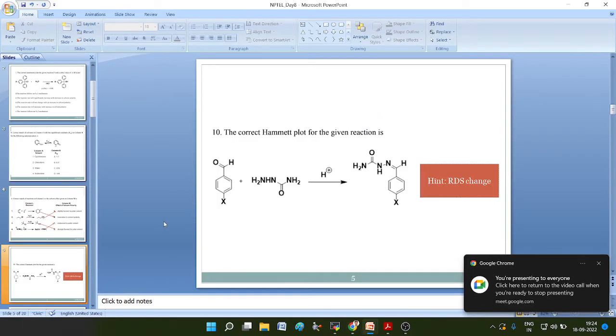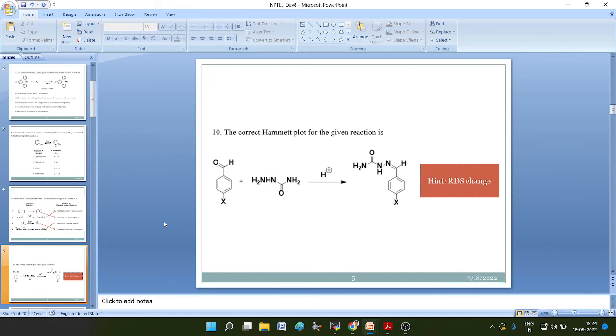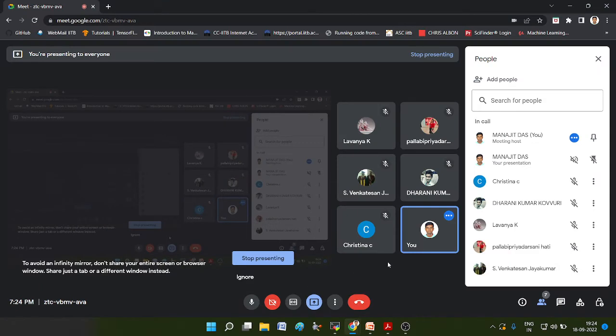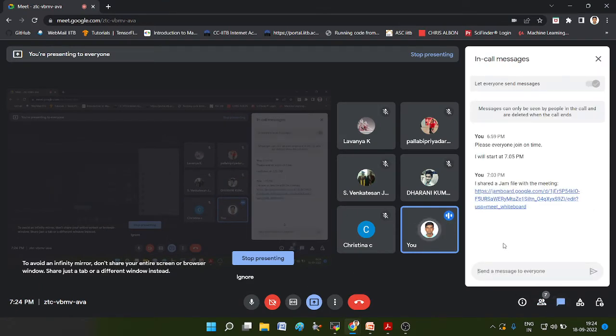So what will be the correct Hammett plot? Any answer? You can type it in the chat box or just unmute yourself and say it.